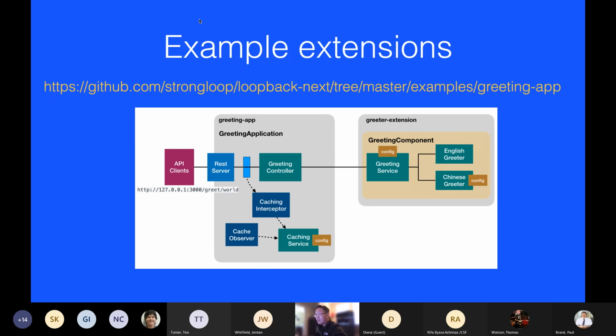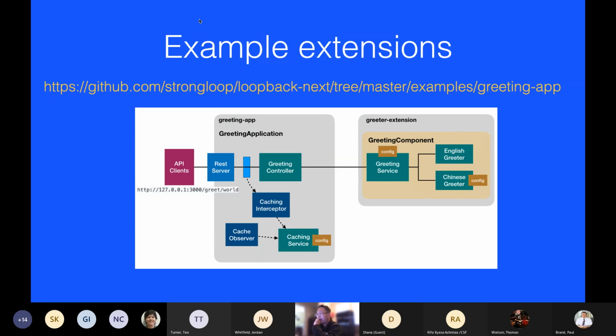And the caching service can have a configuration to decide how we're going to keep the cache in place. And we might refresh the cache in the background. So that's why we have a cache observer that cleans up the expired entries periodically. Right? So those are a good illustration of the different plugin points.